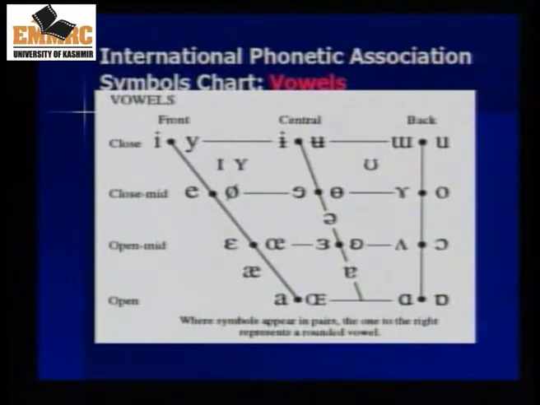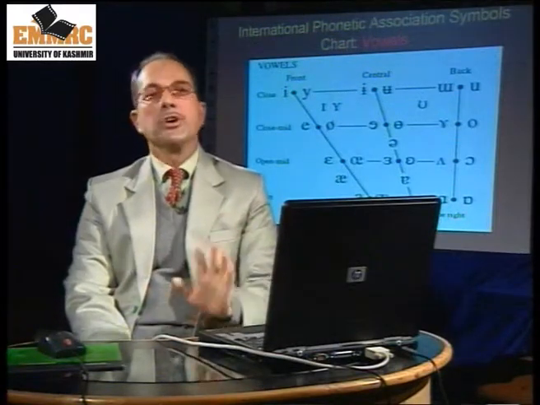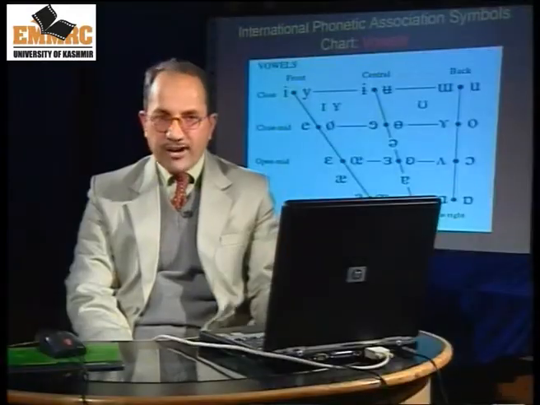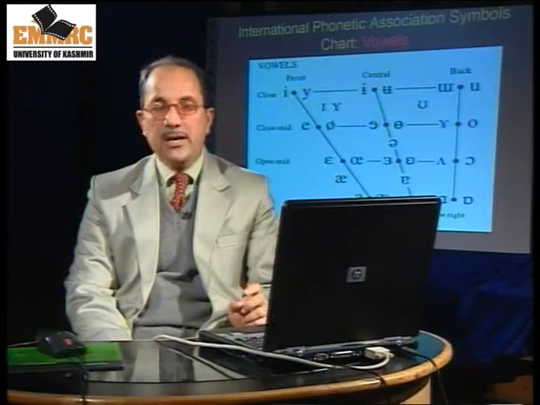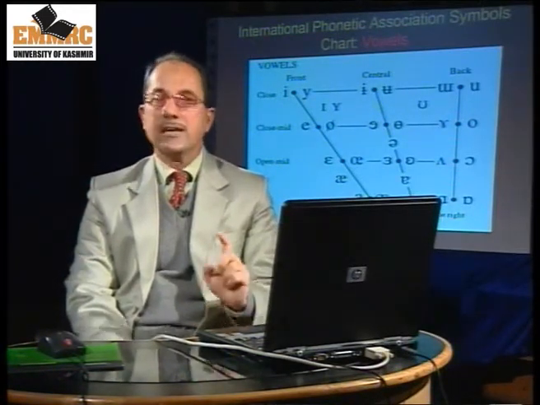In between them, there are other symbols which are used for English pure vowels. So there are symbols which are in pairs, one outside the diagram, another row inside the diagram. The ones on the left-hand side outside the diagram are front vowels but unrounded, whereas on the same line inside, vowels are front but rounded vowels.